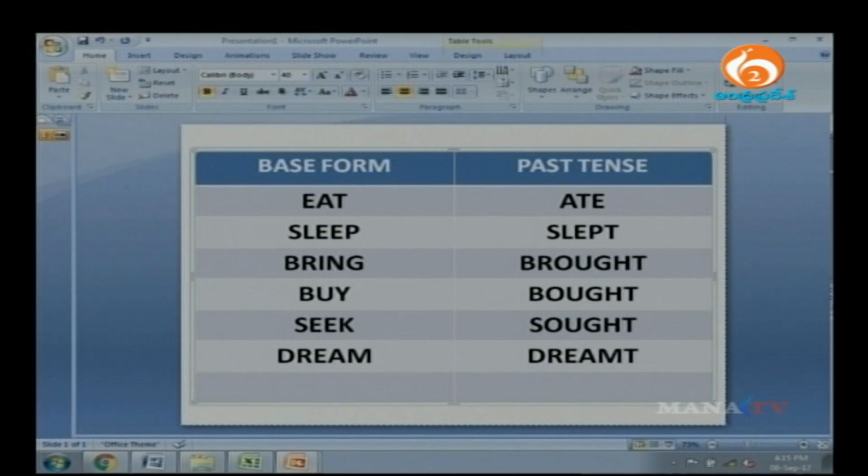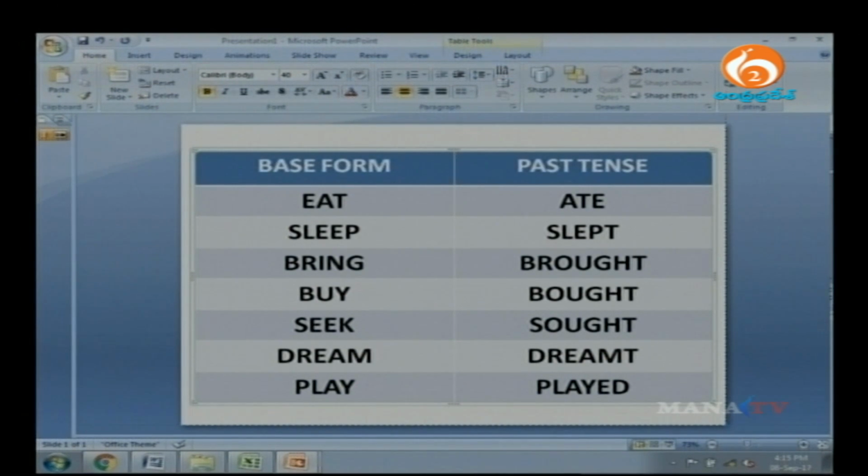Okay. So this is in comparison to a word like, you just have to add a d at the end. For example, if I have a word which is play, you add an ed, it becomes played.